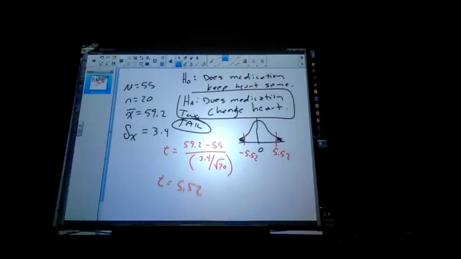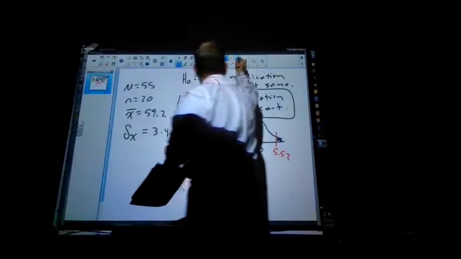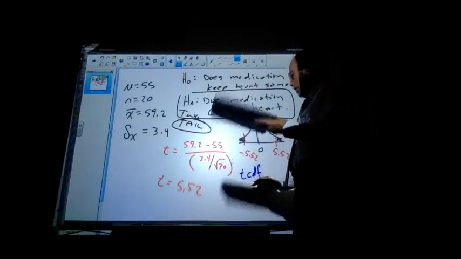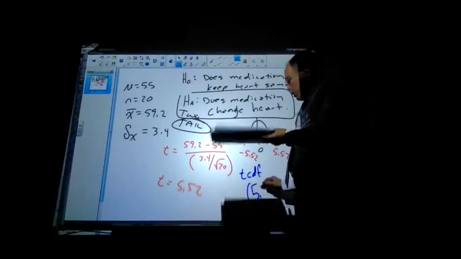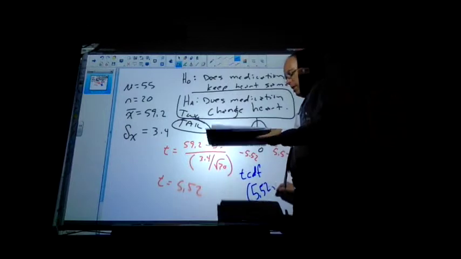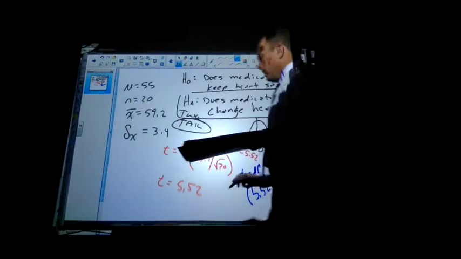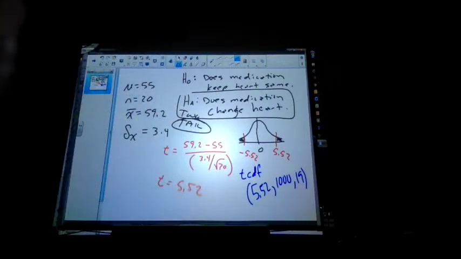And then once we have found that, we're going to use the TCDF. So we're just going to put our lower end, 5.52, upper 1000, and 19. Now, on this particular problem, being it's a two-tailed test, I can either go the lower being the 5.52 and going to 1,000, or I could have it going from negative 1,000 to negative 5.52.